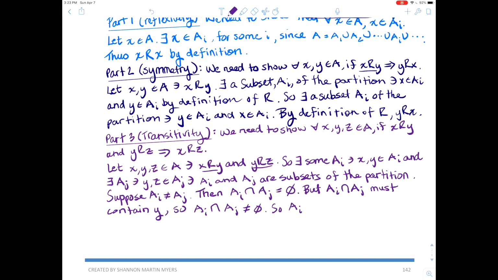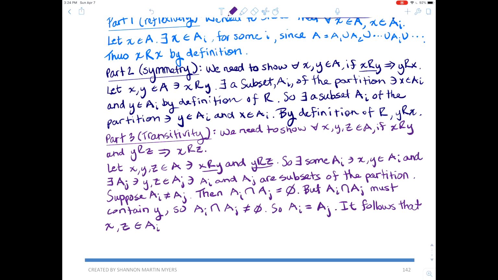So AI must then be equal to AJ. So it follows that X and Z are elements of AI.